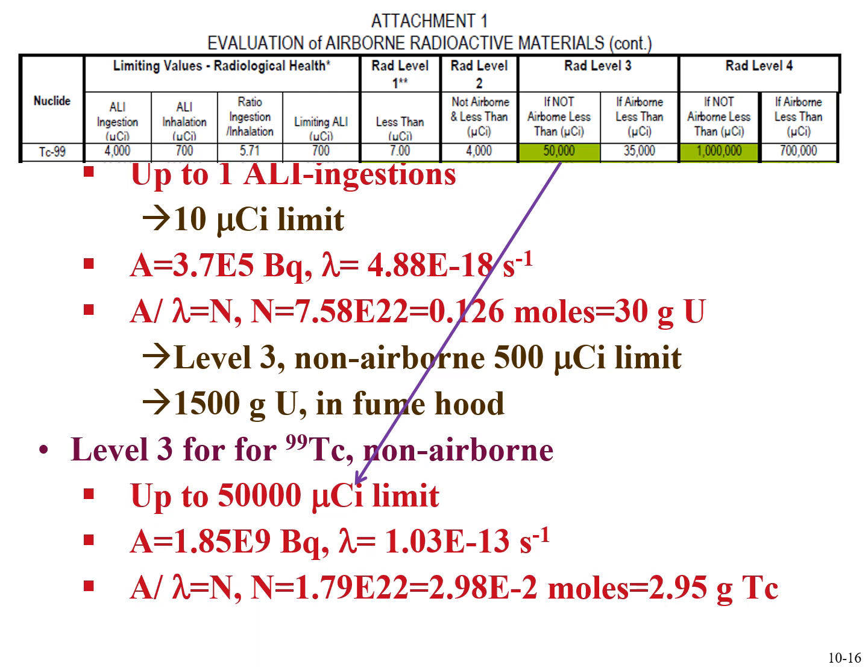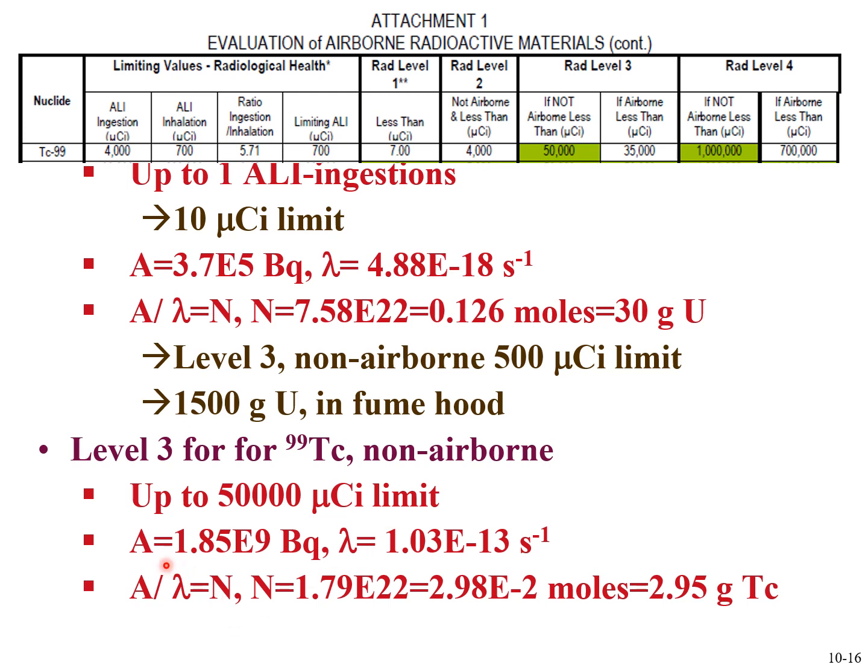One of the reasons that the ALI limit is so high is also coupled with the biological behavior of technetium. Pertechnetate ingested is readily passed, which is one reason that it's used in radiopharmaceuticals. So we can see that we have a value of 50,000 microcuries. We run our calculation.